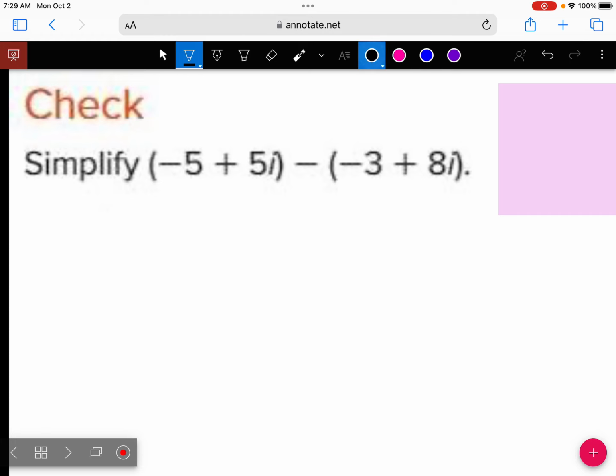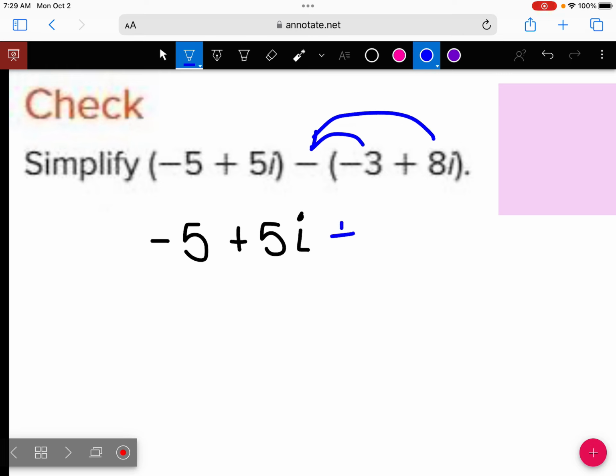Same vibe. I'm going to take my minus 5 plus 5i, and we're just going to bring that down. And we take this minus sign and we distribute it through. So that we're going to have plus 3 minus 8i.